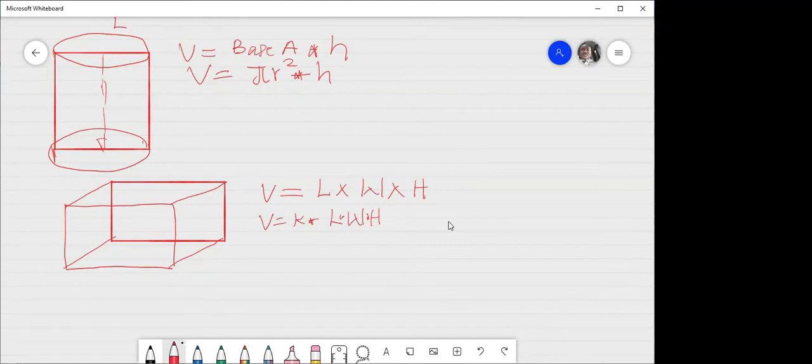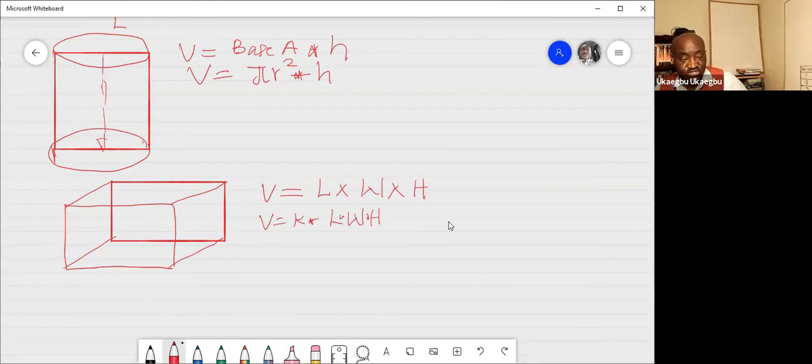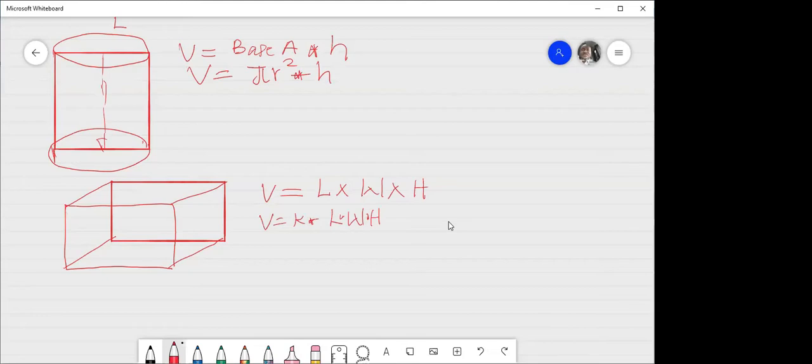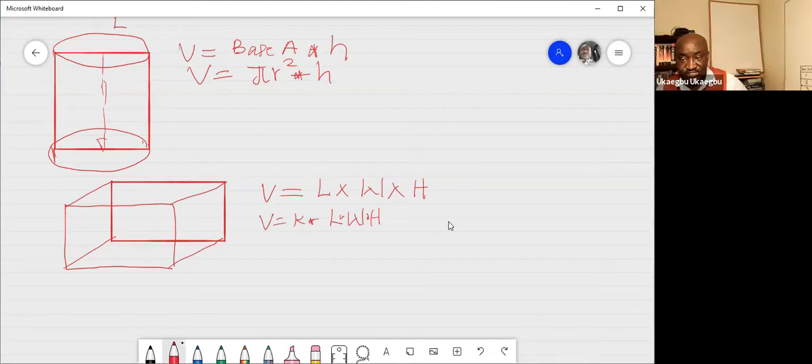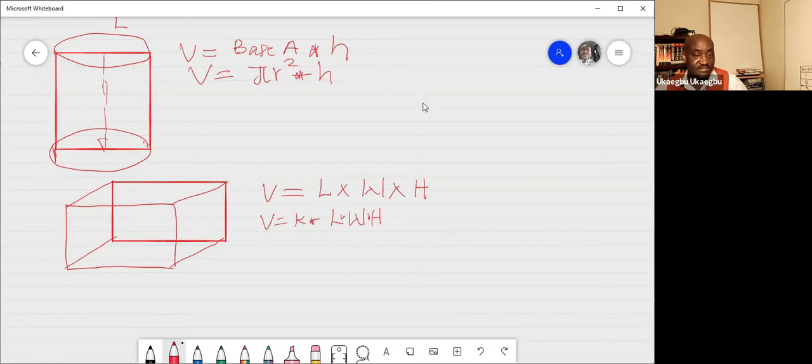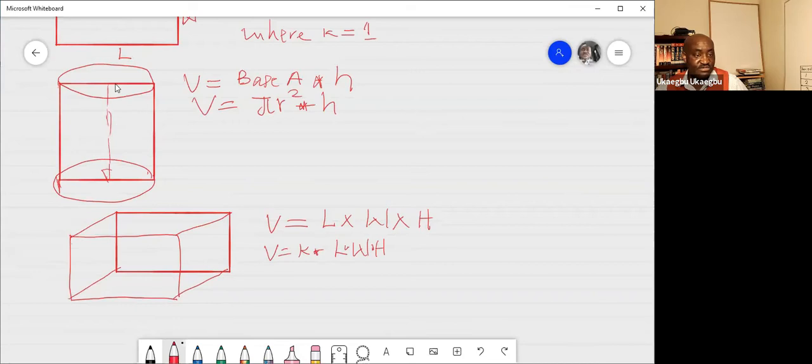Mr. K, will K always be 1? Yes, in specific situations. For example, in a rectangular prism, K is 1. In a cylinder, K is not 1.